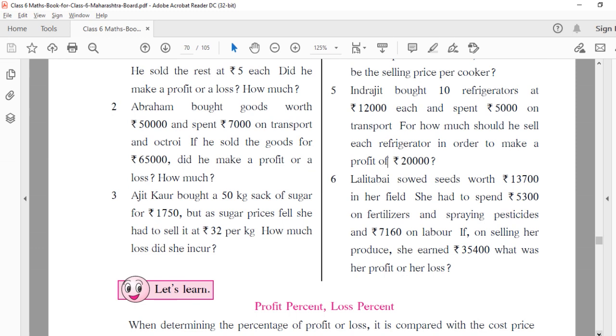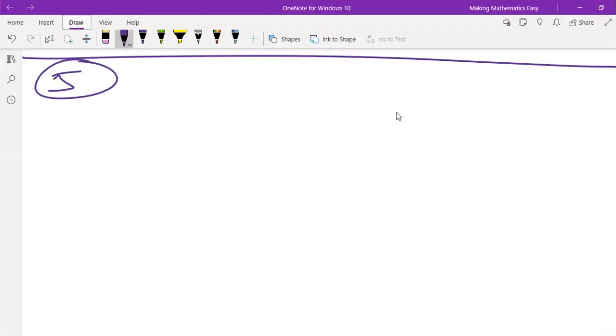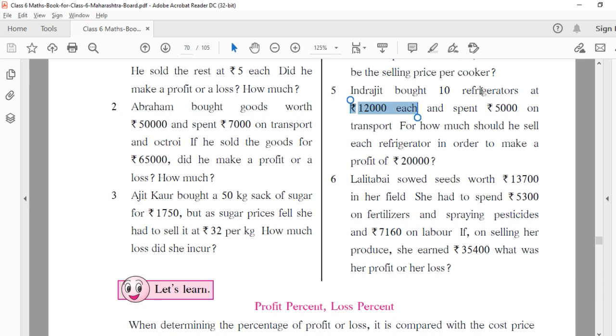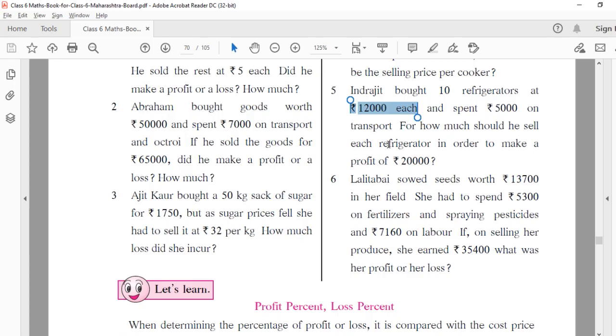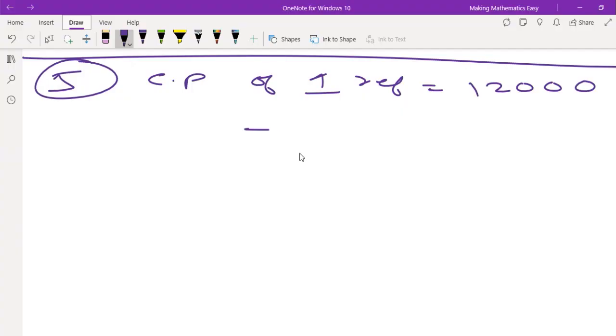In sum number 5, what is given is Indrajit bought 10 refrigerators at 12,000 each. You have to read questions very carefully. It is 12,000 each, so this is the cost price of one refrigerator, which is 12,000 rupees. And he spent 5,000 on transport.